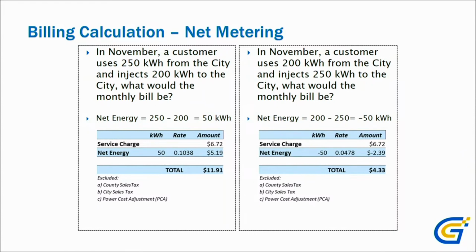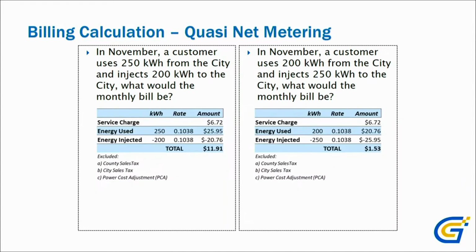So in this case, your bill will be 11.91. On the other side, if they produce more than they actually use, we have minus 50. Like I mentioned before, it's 100% of the avoided cost, so the rate is lower, 4.78 cents. So you have minus 2.39. The math comes up to 4.33.